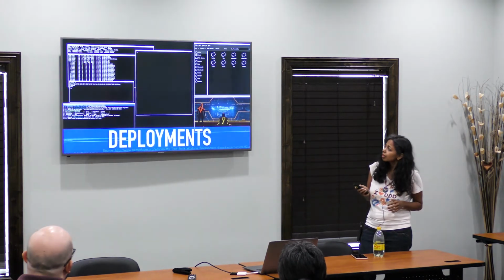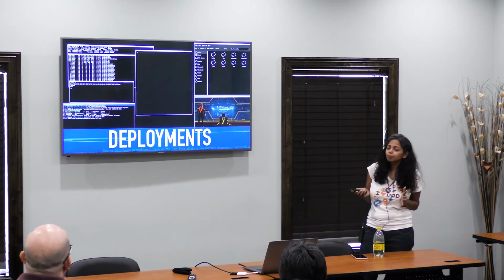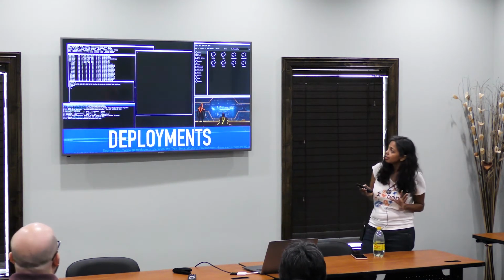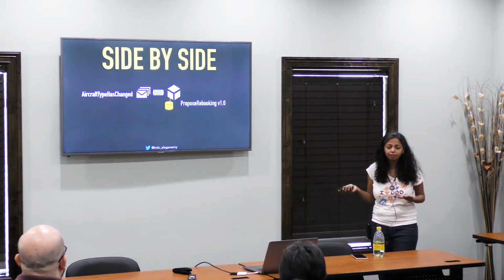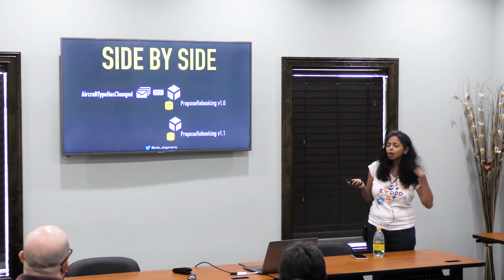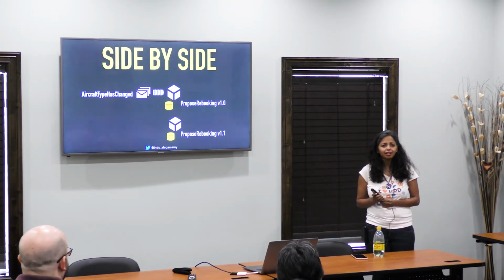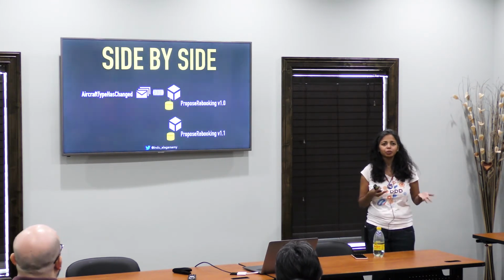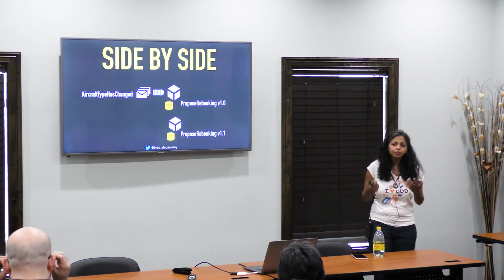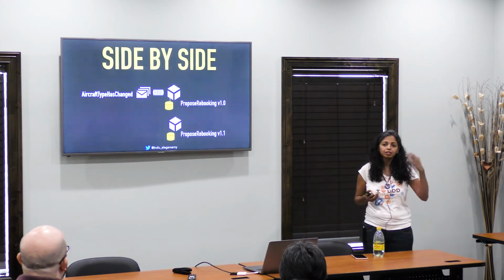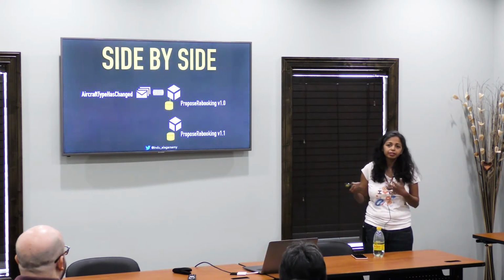So in this model, deployment becomes simpler. Let's say you have the aircraft type, you had version 1, and now they're saying, okay, not just platinum customers, gold customers as well. So you write this module. You don't have to stop one and deploy.